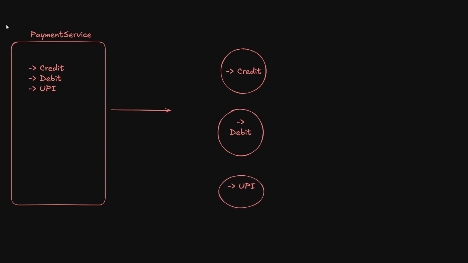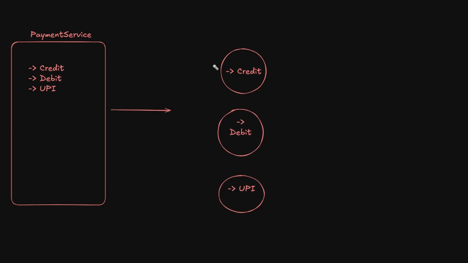So from this one big functionality, I've converted it into individual smaller classes. So what's the benefit of this? The benefit would be if I want to test things individually, I can simply create an object of this credit class, create unit test cases, or completely mock the service and check how things are working on only the credit transaction endpoint. Similarly, I can do this with debit and similarly with UPI too.